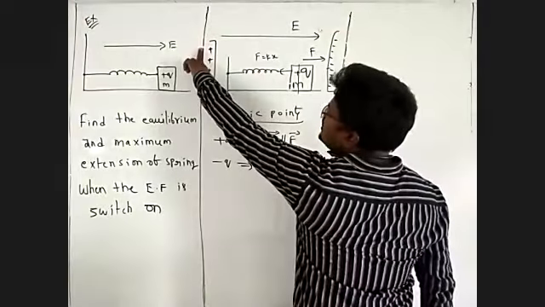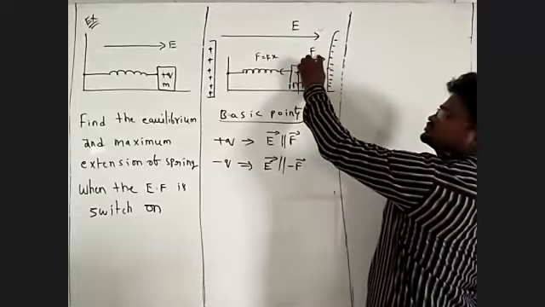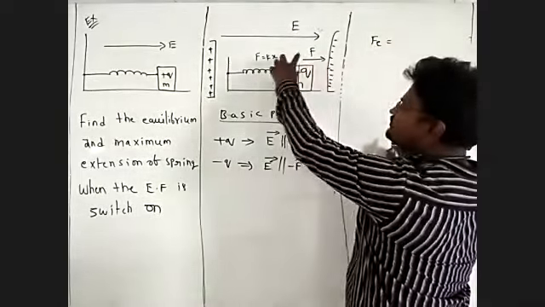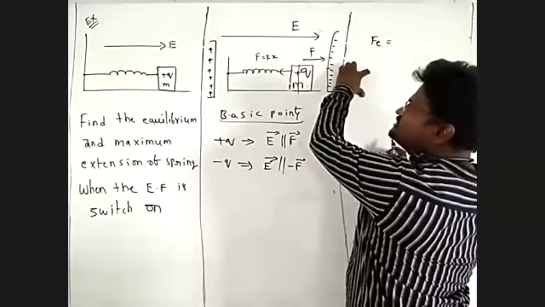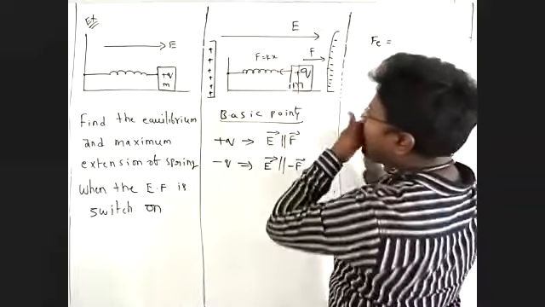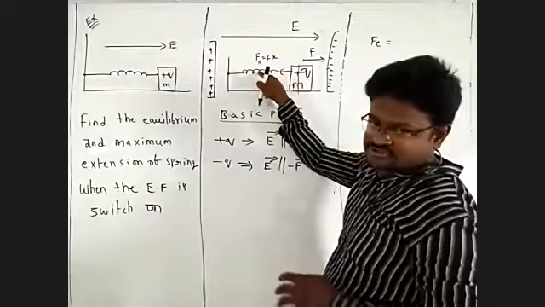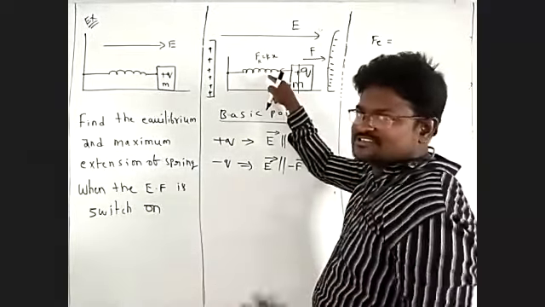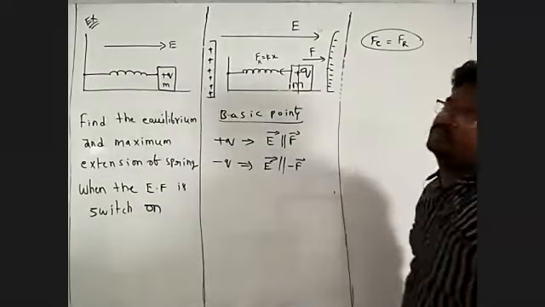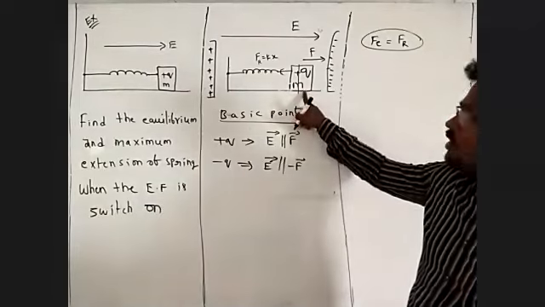The positive plate repels this positive charge in this direction, and this is the electric force, the electrostatic force. The restoring force formed in the spring is equal to this force. Both are equal, so the block is in the rest position.